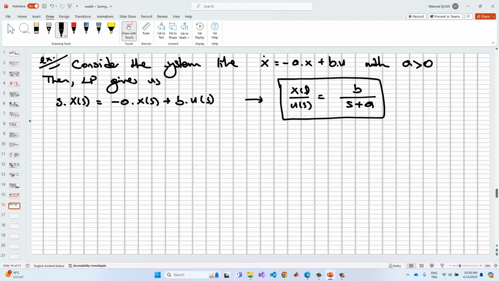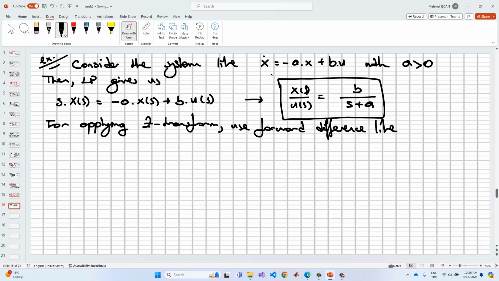Okay, but in the discrete domain, for applying the z transform, we use the forward difference equation, or backward, or centered, because we cannot take the direct implementation on this equation, because this is the continuous equation, not the discrete one.